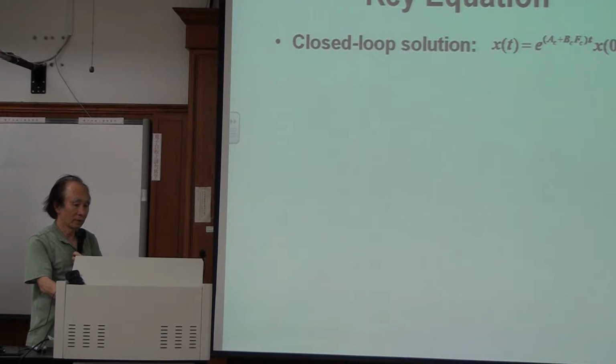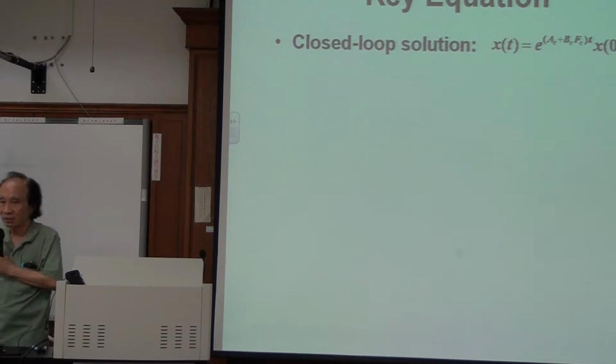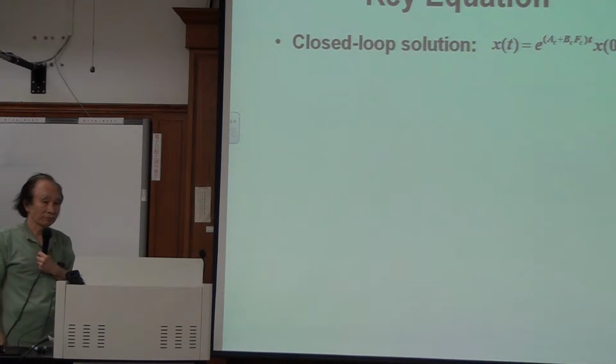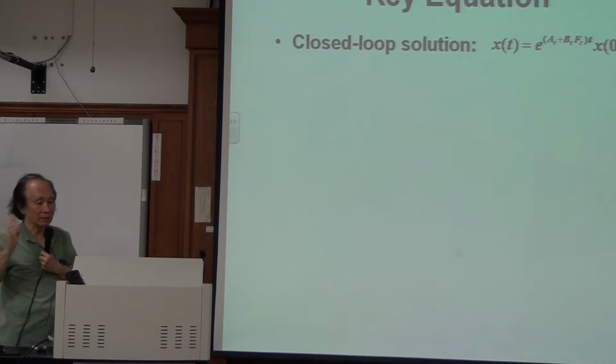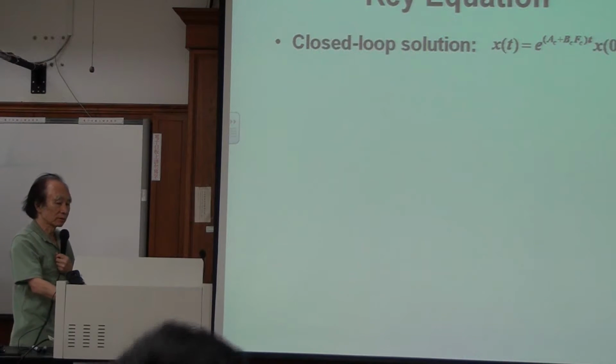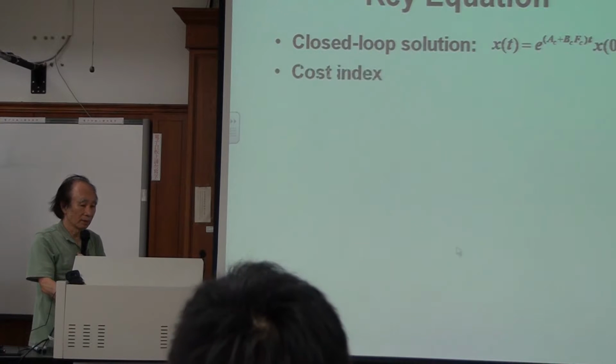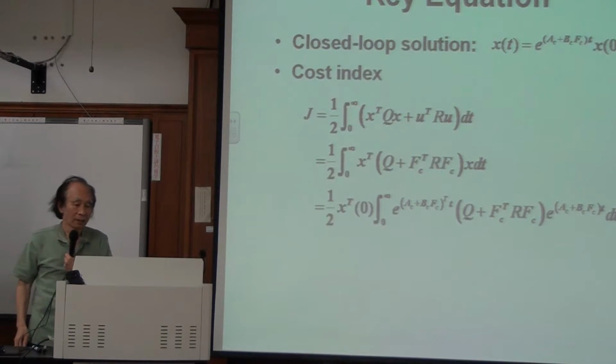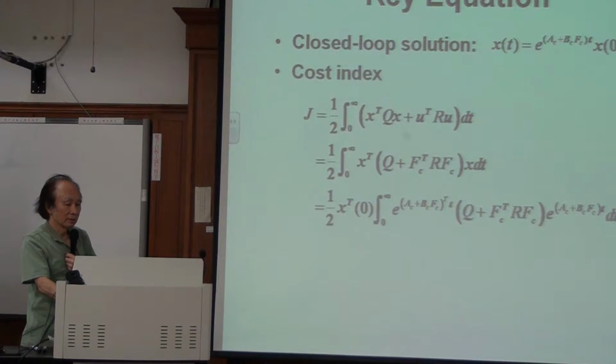All right, the key equations. This will be more complicated because now we are dealing with matrices. AC is a matrix, BC is a matrix, FC is a matrix, and so on. And the cost index, you put in the cost index there: X transpose QX plus U transpose RU, with U equal to FCX.